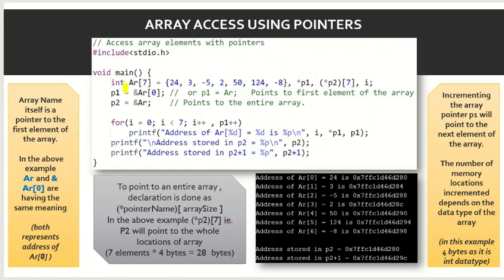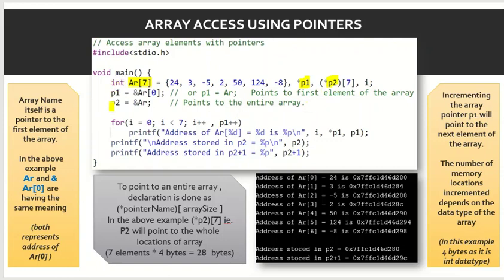For that, I have initialized one array AR having 7 elements, starting from 24 to -8, and I have used two pointer variables p1 and p2 to point to the array. These two are used in different ways that I will discuss later.